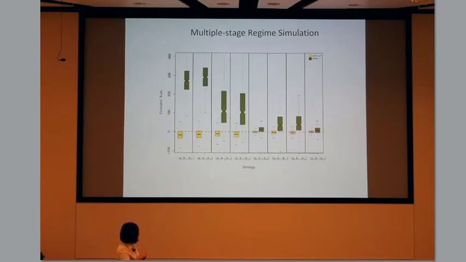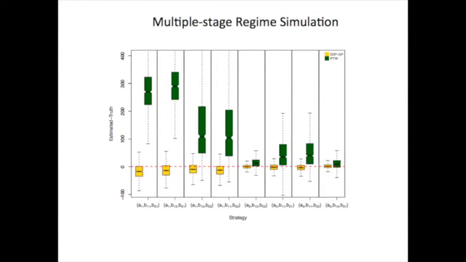This figure shows the box plot of our estimated treatment effect and also the FTW results. The yellow color is our results, and the green color is the FTW results. In this figure, the x-axis is each of the 8 strategies, and on the y-axis we plot the difference between the estimated treatment effect and the truth.